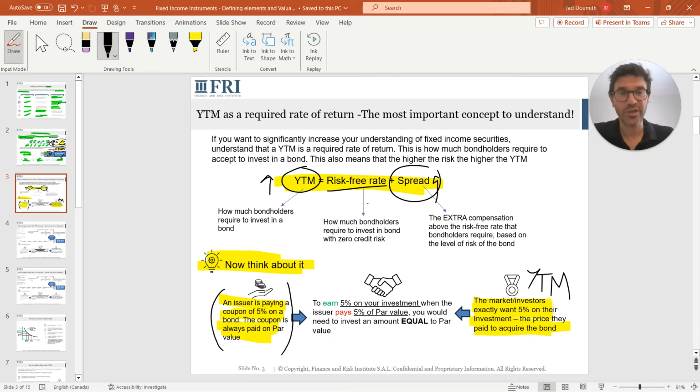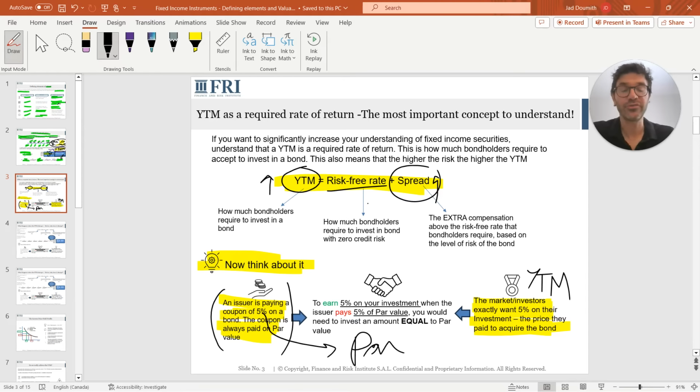Now, the company is offering 5%, please remember, always on par, because the coupon is always paid on par value. So we have on one side the issuer that is offering 5% annually on par. Now we have the market or investors who require 5% on their money to accept to buy that bond. The question is, how much should the investors invest, knowing that they want 5% on their money and knowing that the issuer is paying 5% on par?